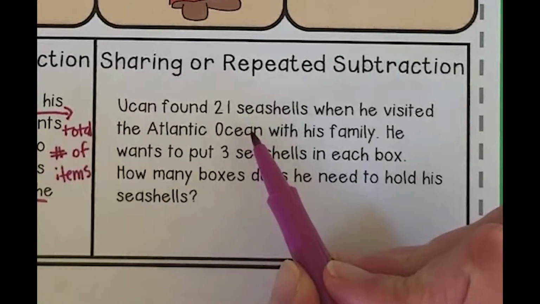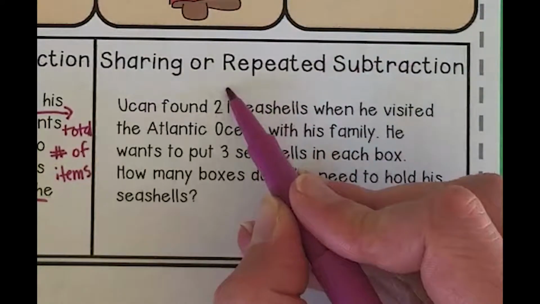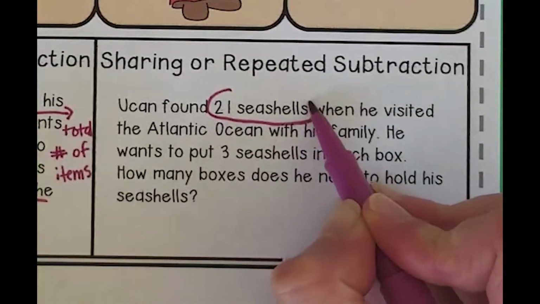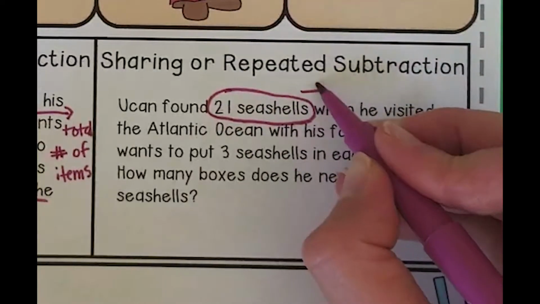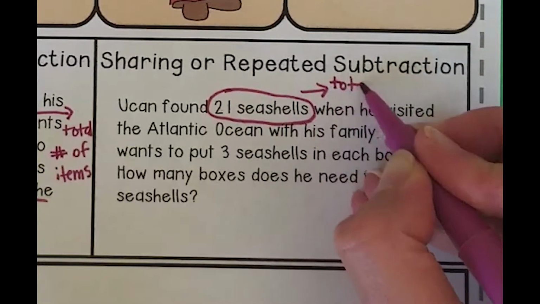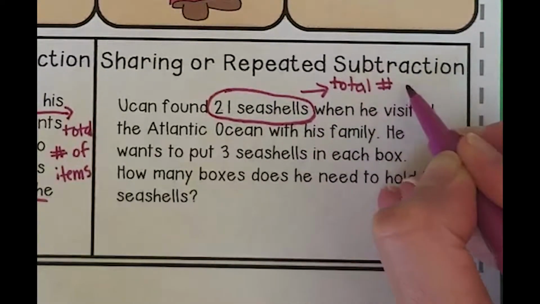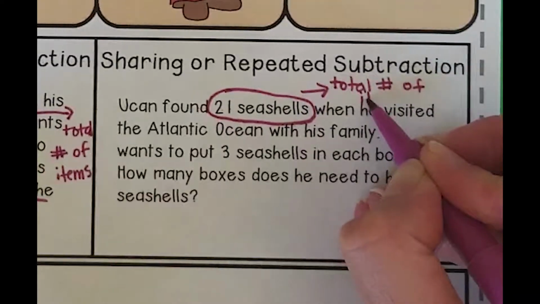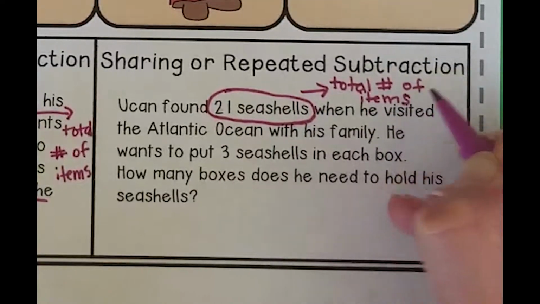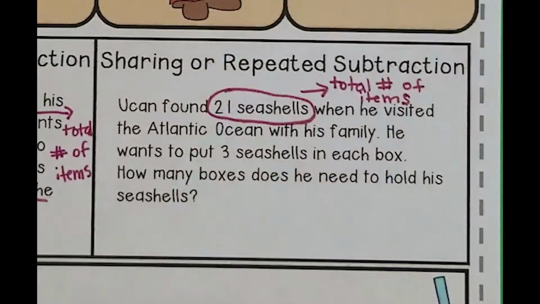Found 21 seashells. There it is again. That's our total number of items. That's how many seashells he found altogether. And remember, his brothers and sisters each want 3 seashells.